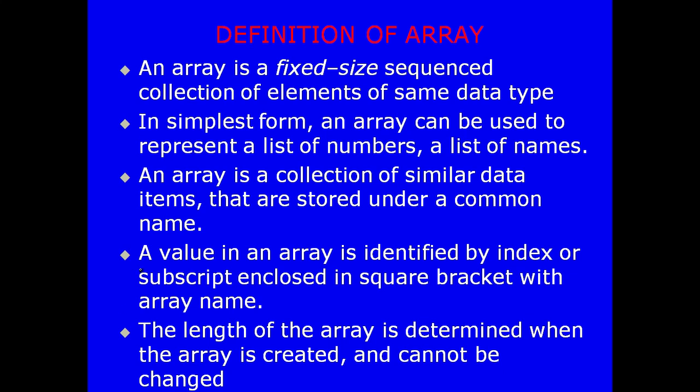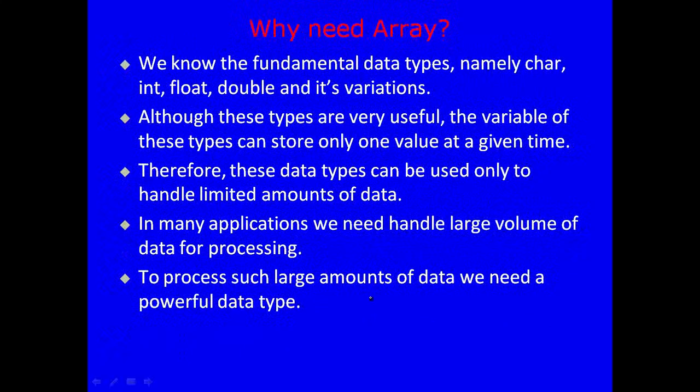An array is a collection of similar data types that are stored under a common name. The length of the array is determined when the array is created and cannot be changed. Why do we need an array? If you are going to handle a large amount of data, we need a powerful data type. The powerful data type is the array.